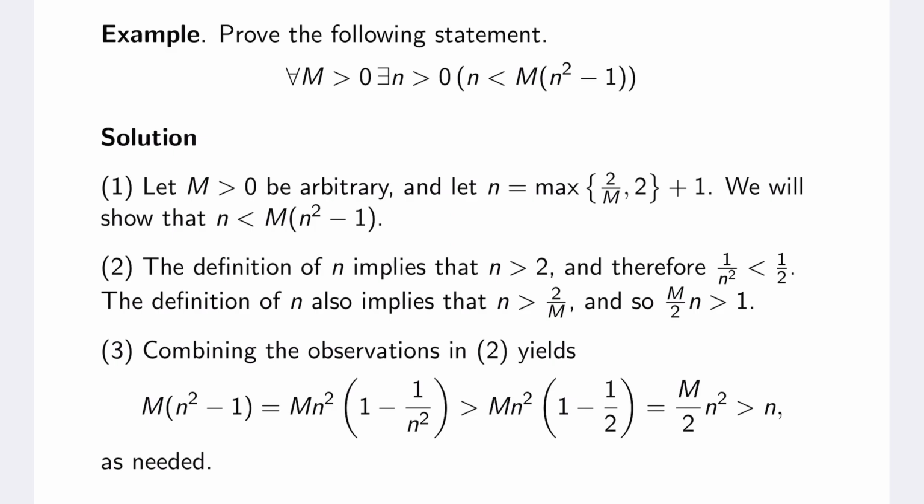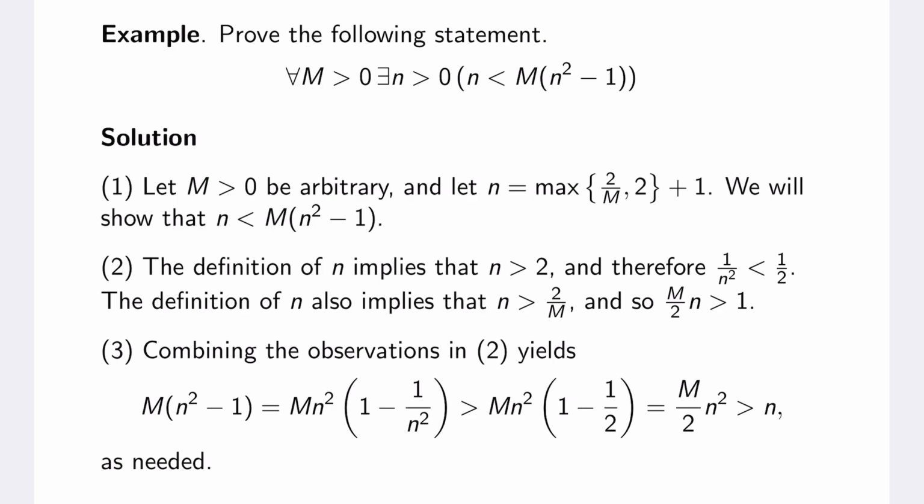So now that we have a choice for a value of n, next up is the formal proof. This is the sort of thing that you would write in a completely hypothetical quiz tomorrow, if a question like this appears on a quiz. Let m greater than 0 be arbitrary. Let n be the thing we found out probably works.